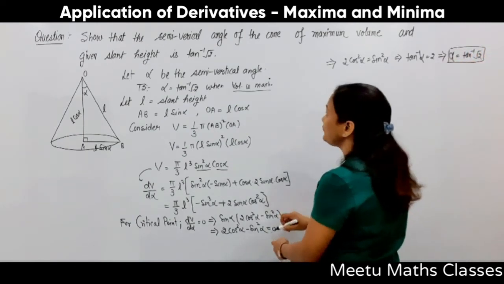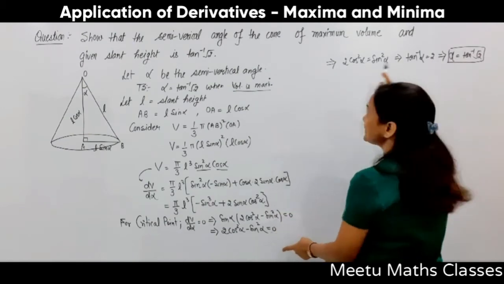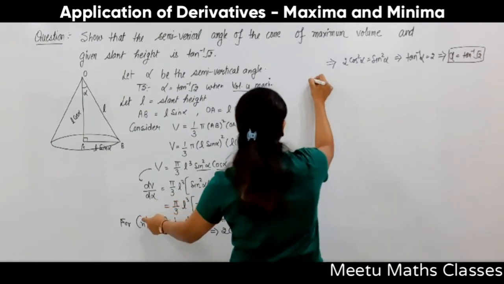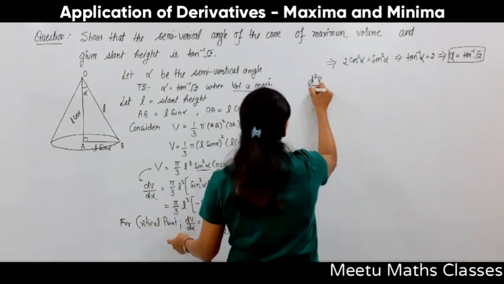But now we will confirm that at this critical point our volume function is maximum. So let us take the second derivative of the volume function.